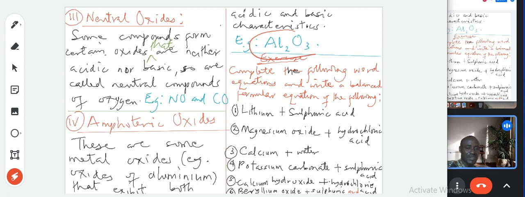Aluminium oxide can neutralize an acid, so what will you call it? A base, because it can neutralize an acid. And aluminium oxide can also neutralize a base, so what will you call it? An acid. Good. So it is both an acid and a base. So it's amphoteric. Good.